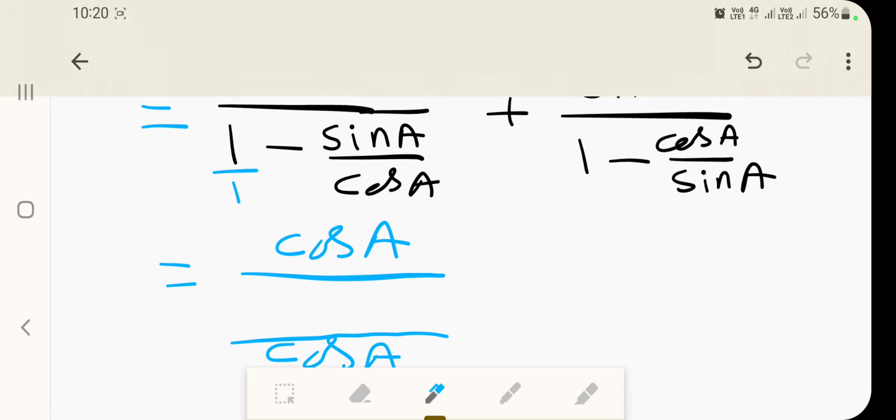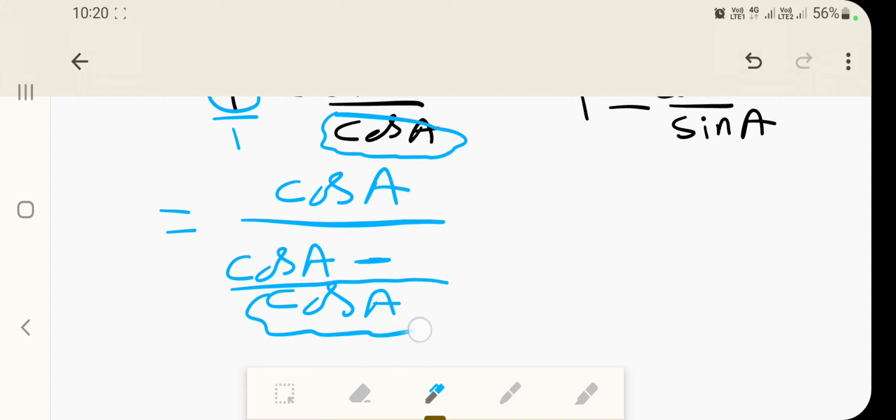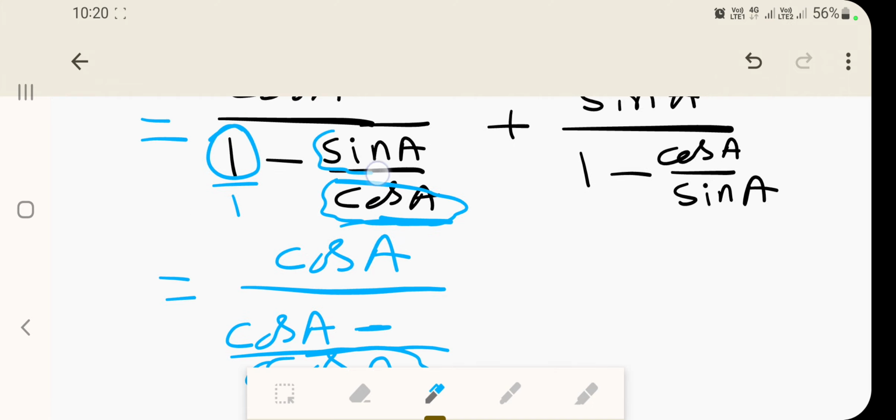So cos A by 1 is cos A into 1, we get cos A, minus cos A divided by cos A, which is 1, and 1 into sin A is sin A.